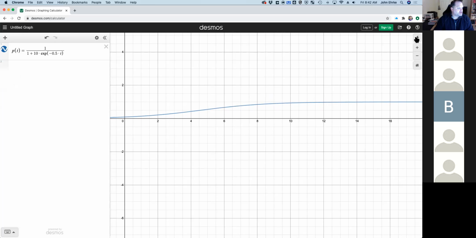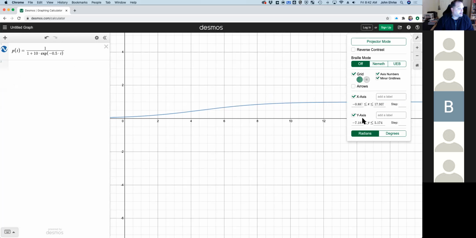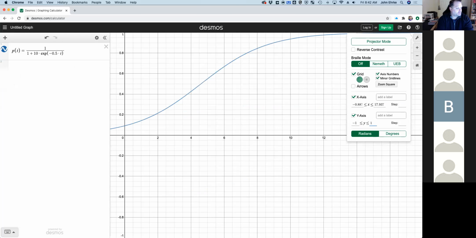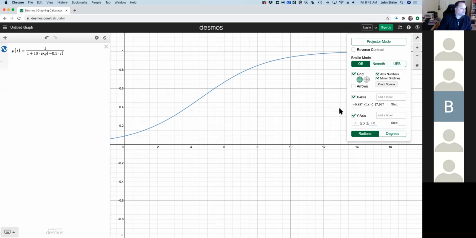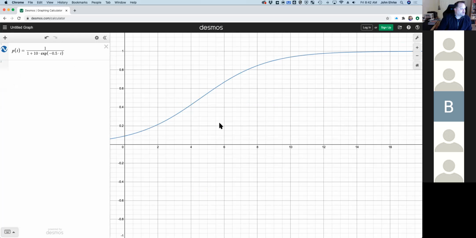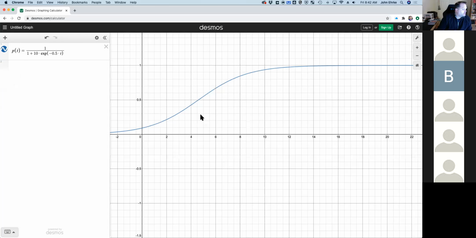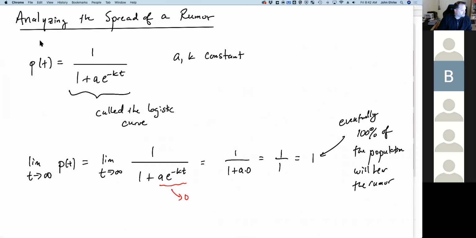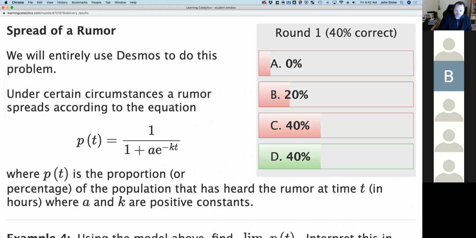We change the window here slightly. This will keep everything nice and in frame. And what I want to do is look at and calculate the derivative of this thing. So let's do that by hand just to get a little bit of practice at this, and then we'll graph it here together.